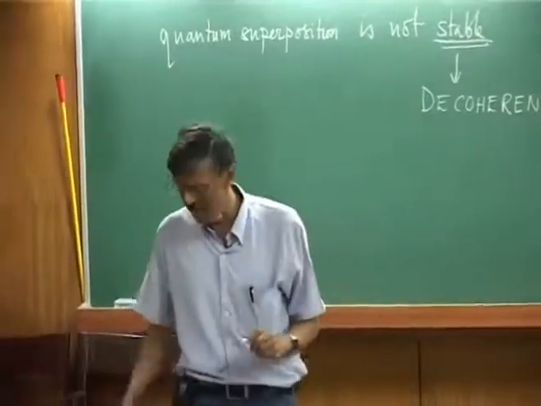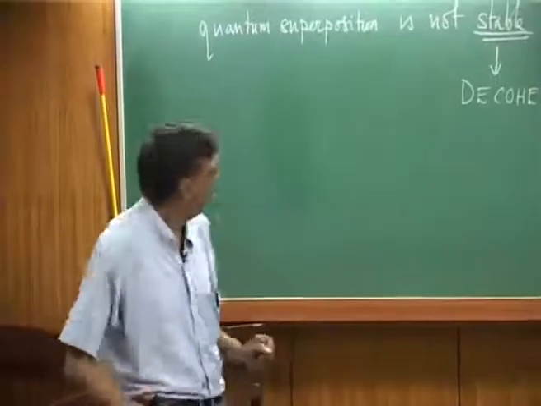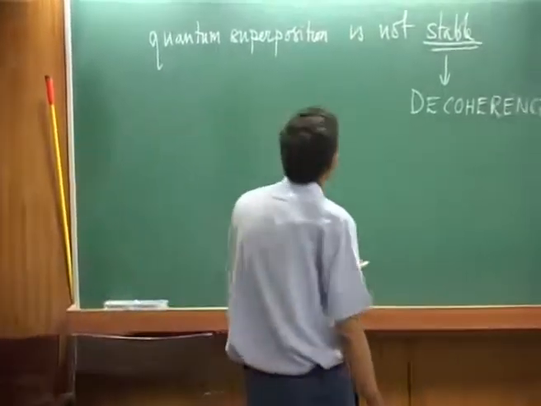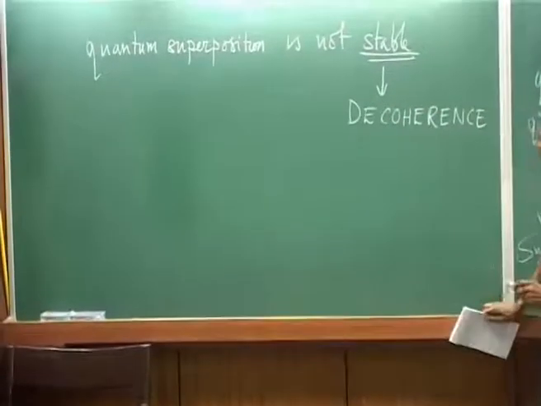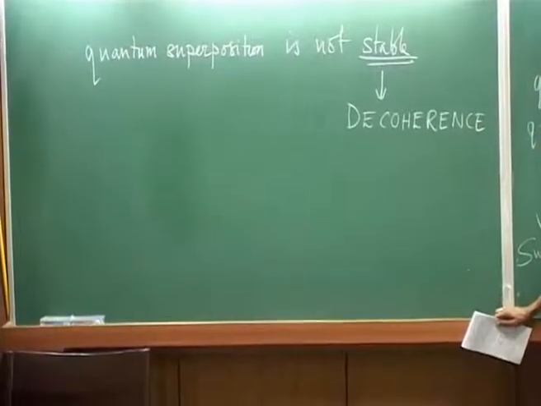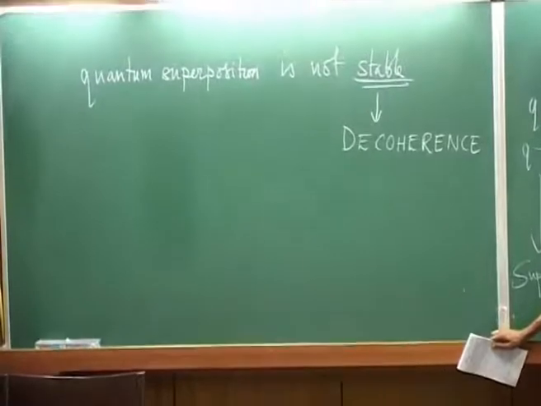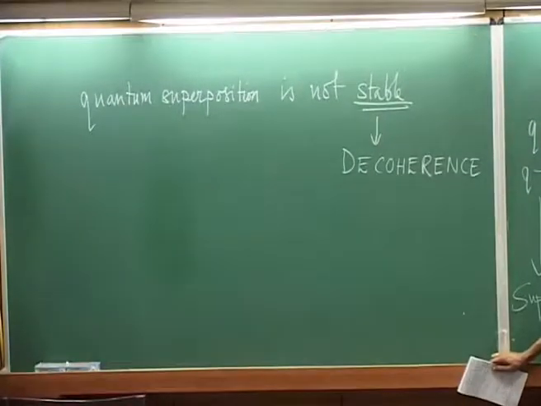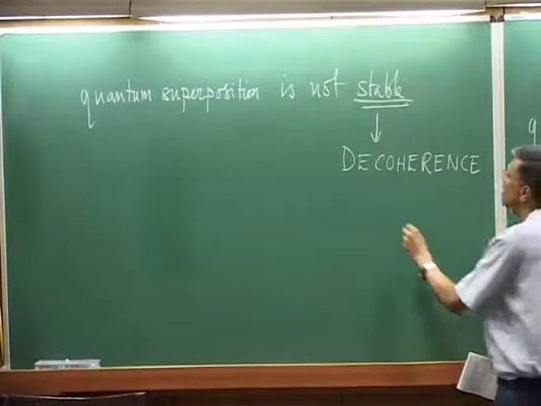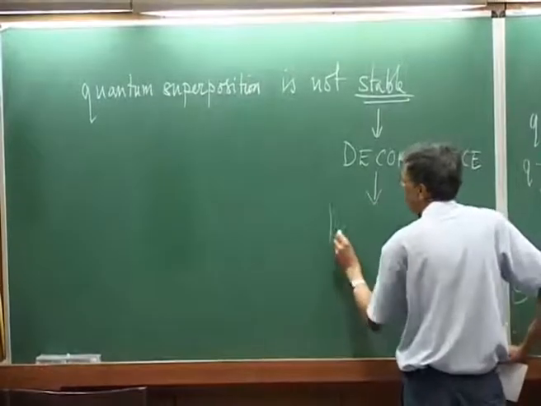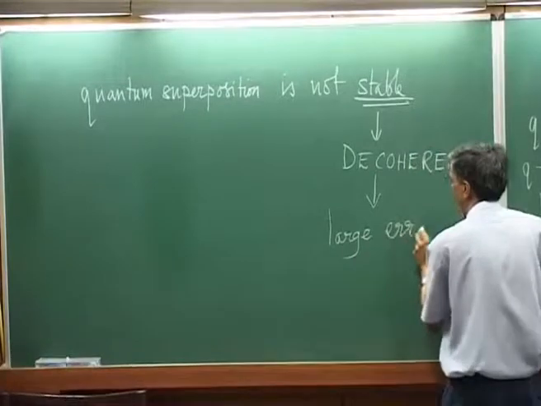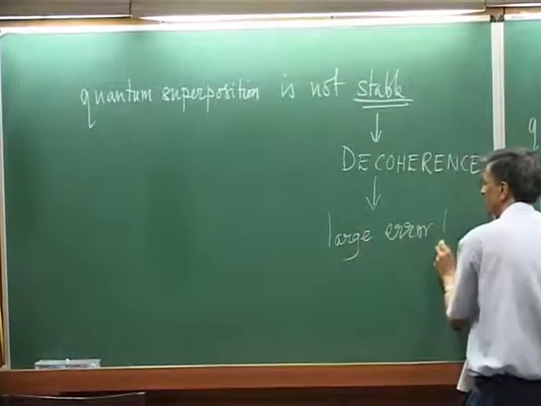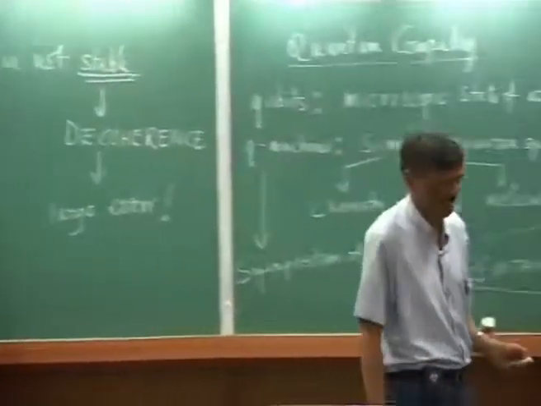So, this is a major issue of quantum computing, that the essential property of quantum state, the way they behave, leads to decoherence. Computing would be quite unstable, and as a consequence you will have large error. How large? That is the question.